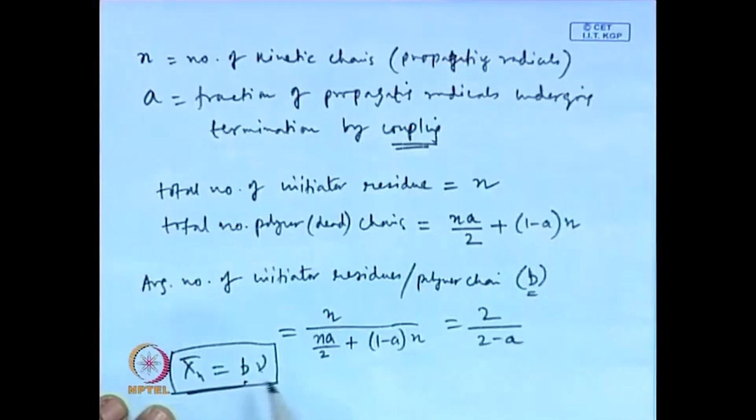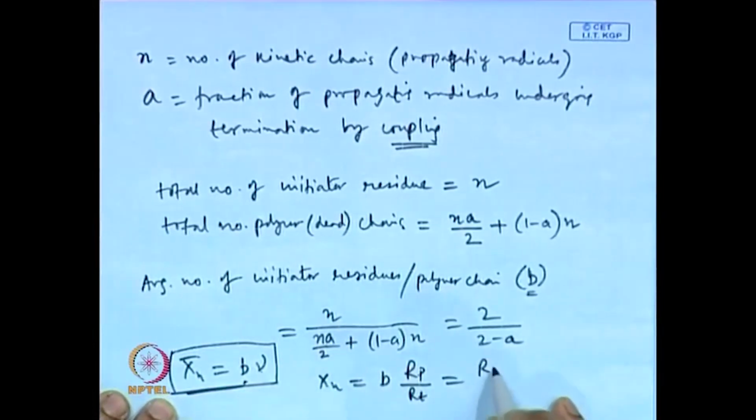Okay. So, if we got this, we can write V Rp by Rt, or Rp by Rt by V. Okay.